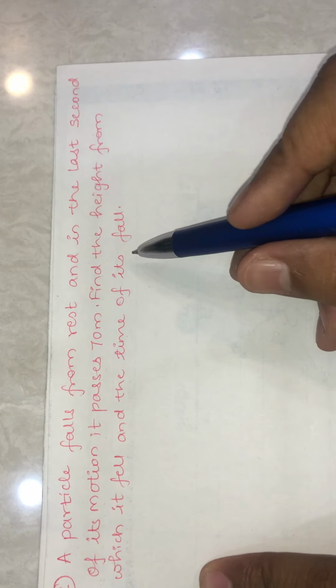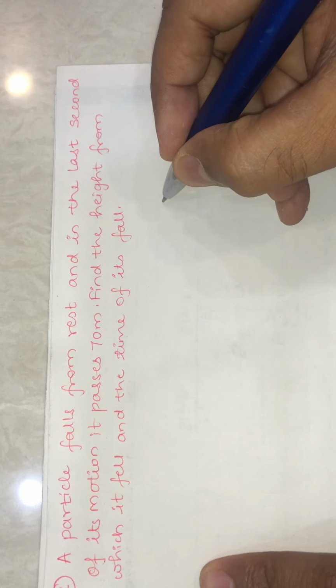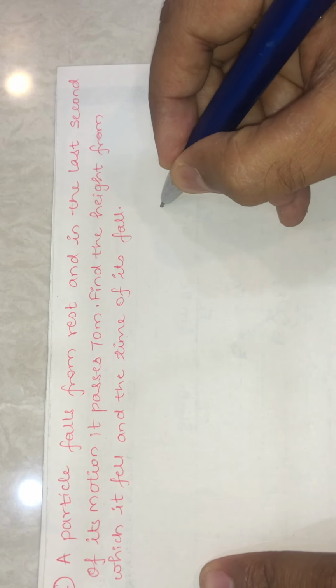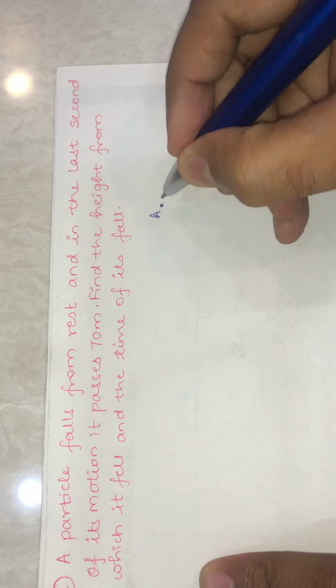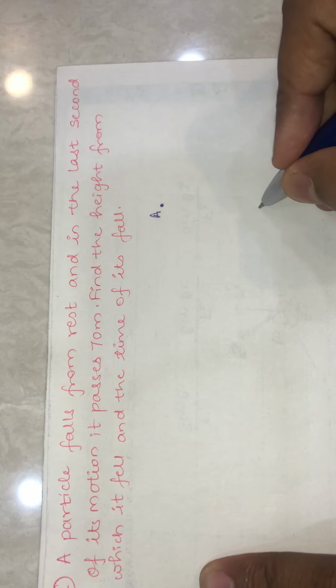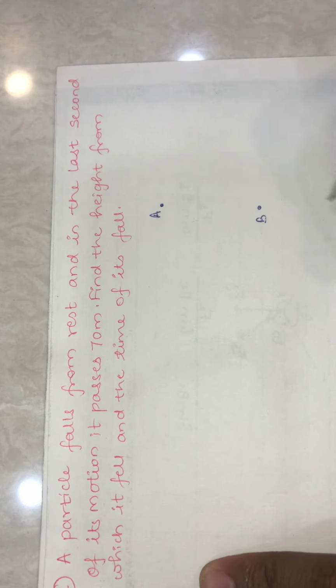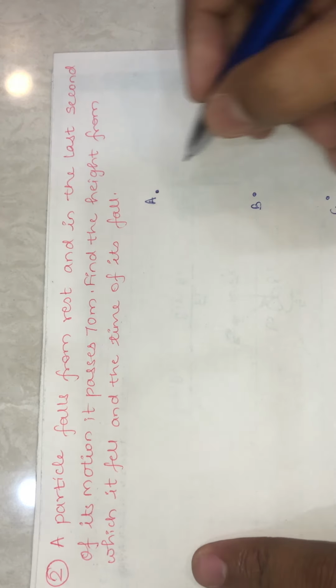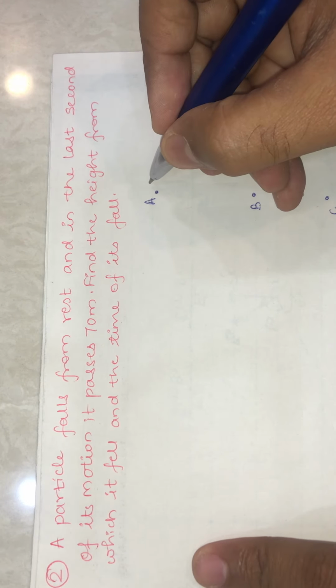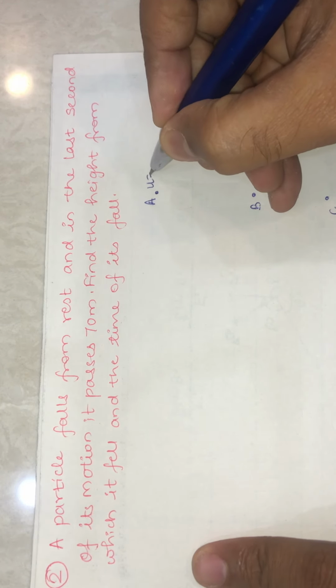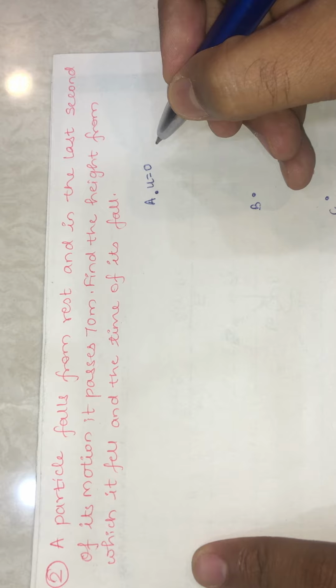If we see this question diagrammatically, then let's consider this point as A, this point as B, and this point as C. Now the question says that the particle falls from rest. So if it is falling from rest, then u equals 0.